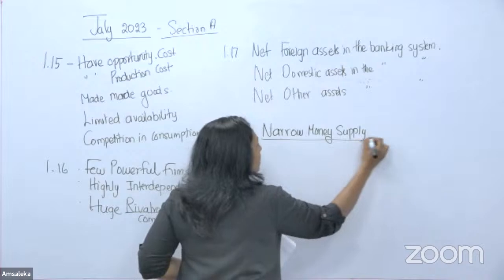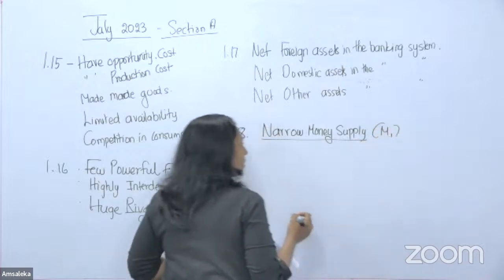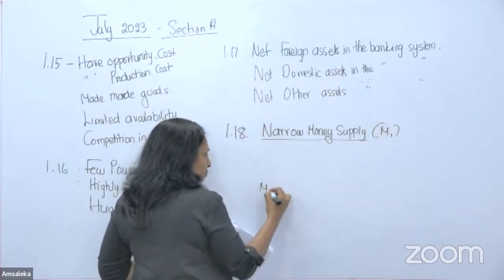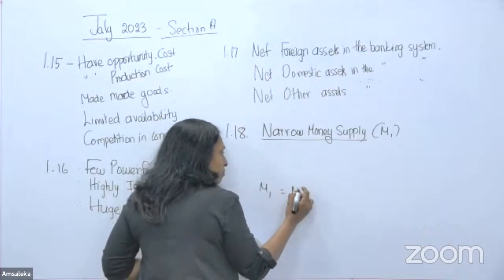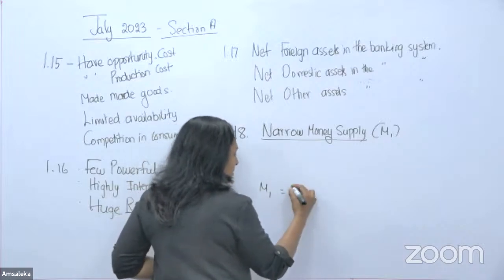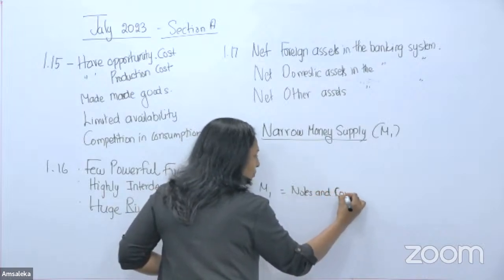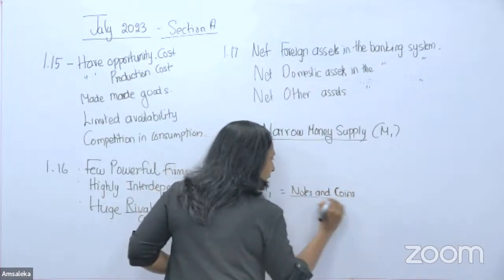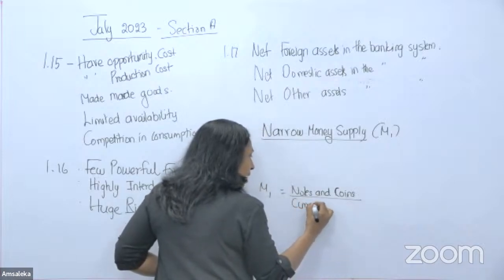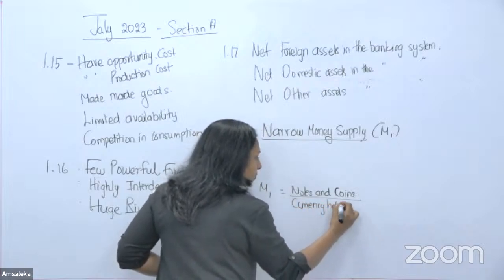So narrow money supply means M1. Remember, M1 means notes and coins. Simply, we studied notes and coins. It's currency held by the public.